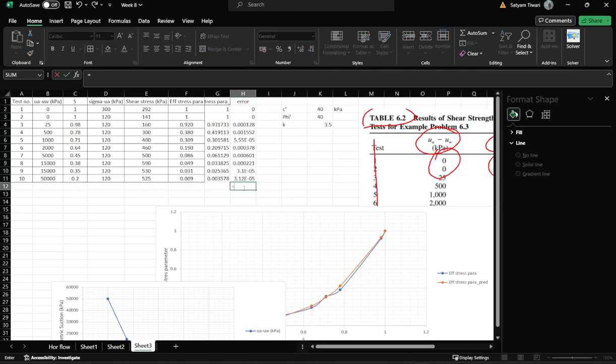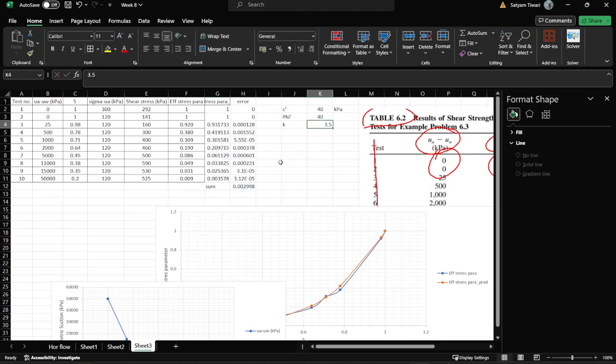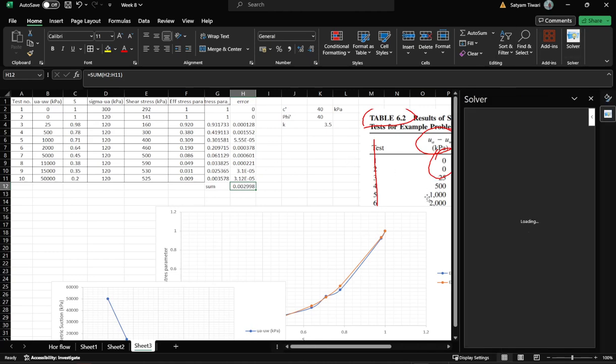And here we can take the summation, sum of these squares. So we can now optimize this k value to minimize this one, right? So let's take the solver program.